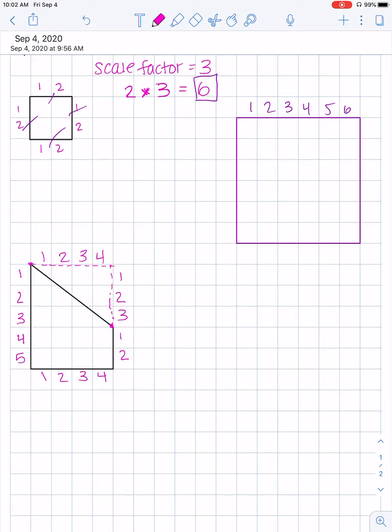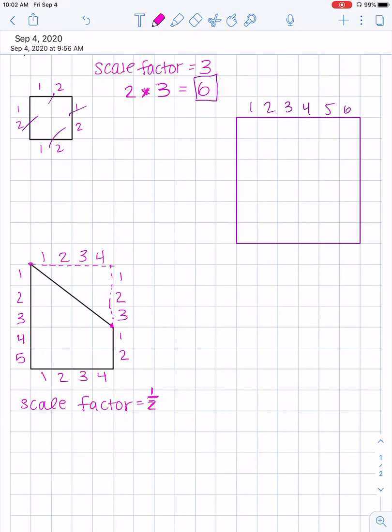And for this problem, our scale factor is equal to 1/2. So another way that we can describe that in English is that we are going to half our shape.